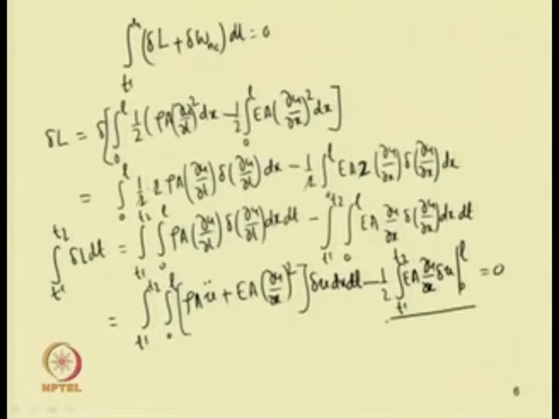So, this part is the boundary condition, and as δu is arbitrary, this represents the equation of motion of the system.